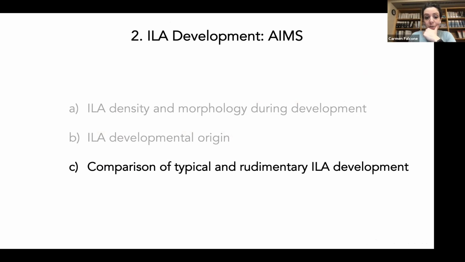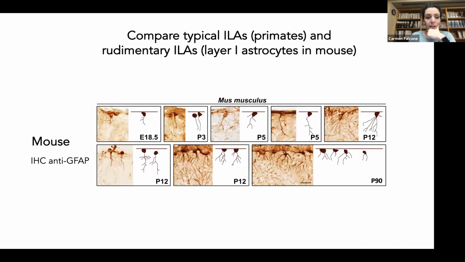So finally, we did a comparison of typical and rudimentary interlaminar astrocytes in development. We took the mouse, which has these very short rudimentary interlaminar astrocytes, layer 1 astrocytes in mouse.